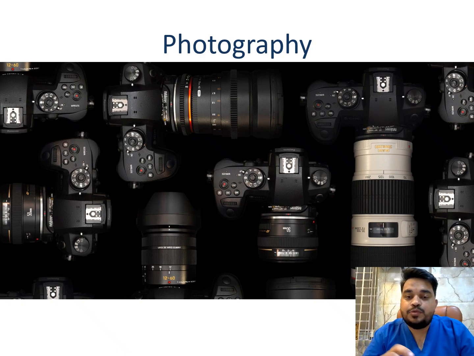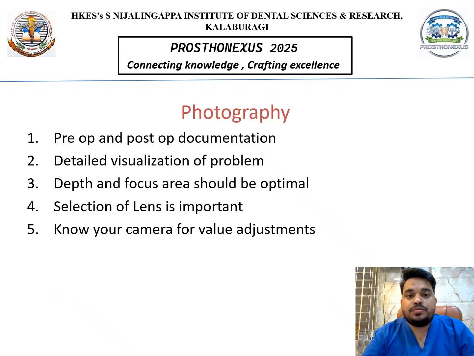So you can visualize all these things over a good photograph and match the prosthetic work more naturally. Photography is helpful for pre-op and post-op documentation and detailed visualization of the problem; depth and focus area should be optimal, and selection of the lens is very important.